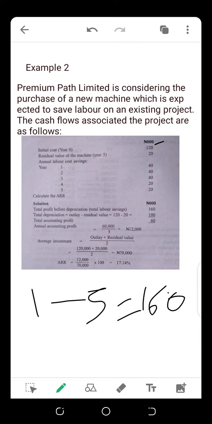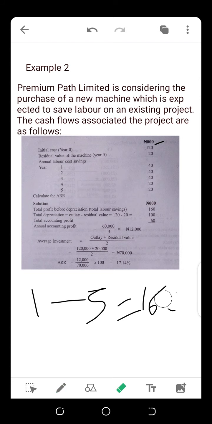Are you getting me? So total depreciation, which is outlay. What's the total depreciation? Depreciation for 5 years. Don't forget that we've been given the scrap value.